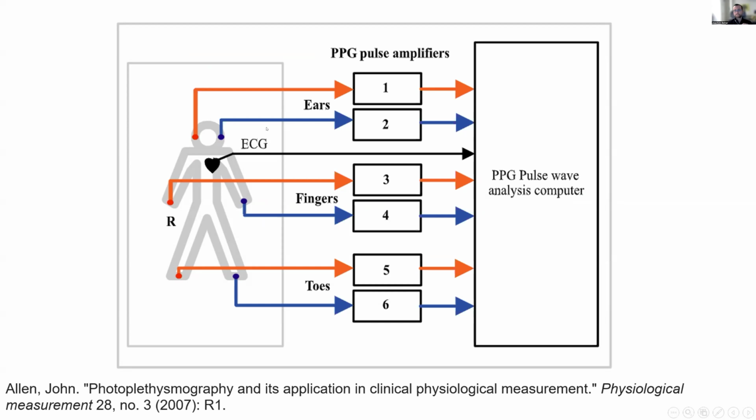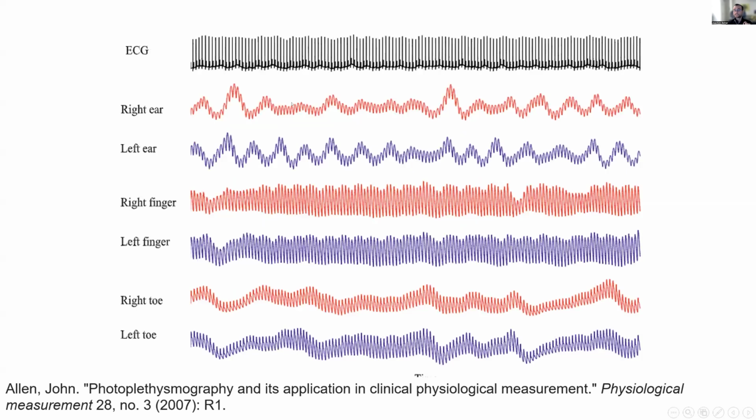This affects the shape of the signal, because the perfusion will not be the same on your fingertip versus on your ear tip. So that's something important to keep in mind.